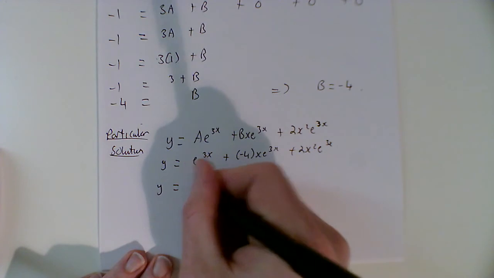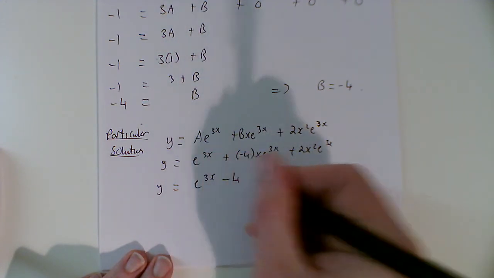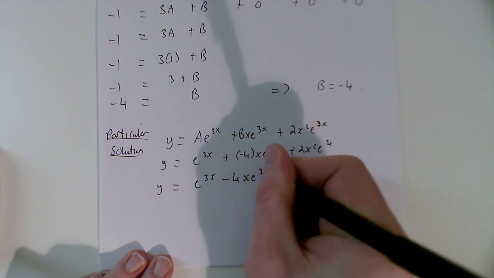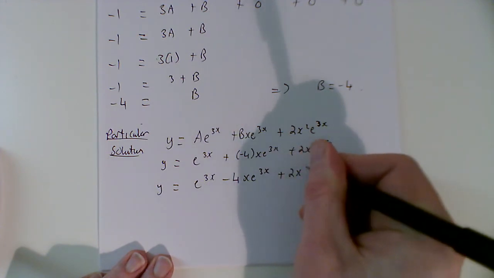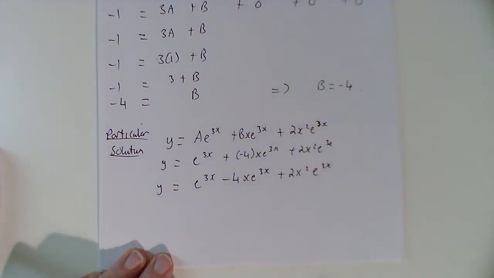So y is just equal to e to the power of 3x, take away 4x e to the power of 3x plus 2x squared e to the power of 3x.